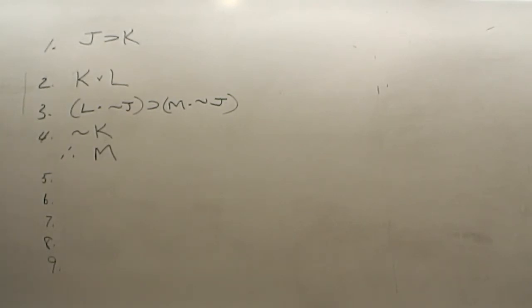Okay. I want you to identify 2 setups in here. First of all, lines 2 and 4. Tell me what they can be used for. Lines 2 and 4. Premises of what?